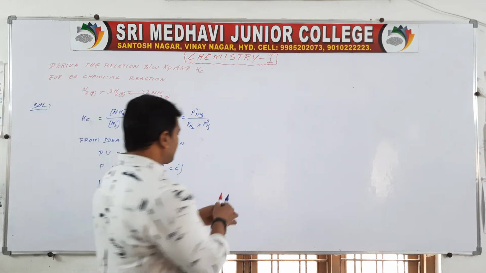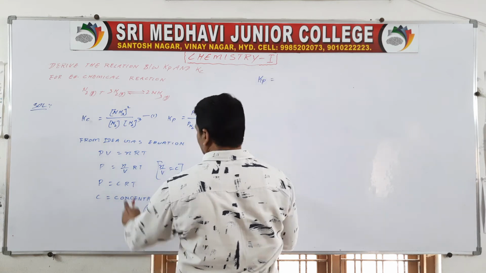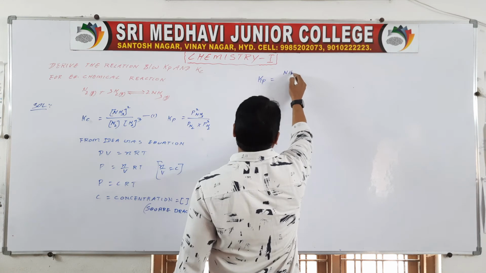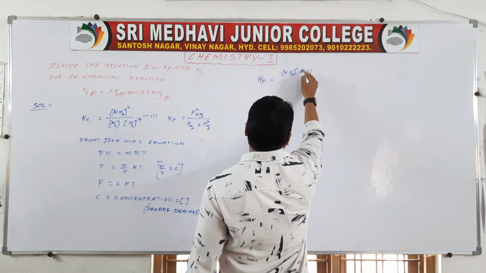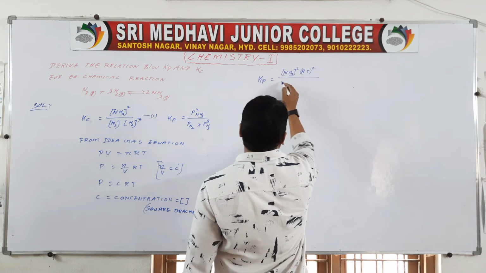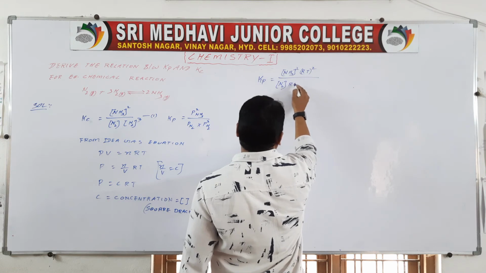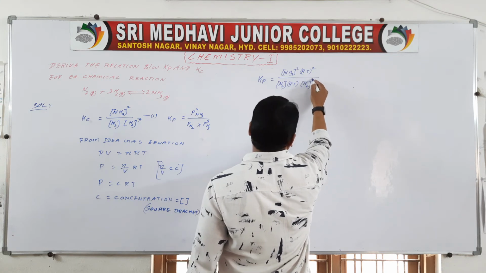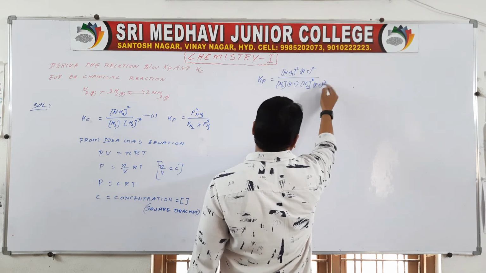So here Kp equal to, then C concentration means NH3 concentration square RT square by N2 concentration RT, next H2 concentration cube into RT cube.